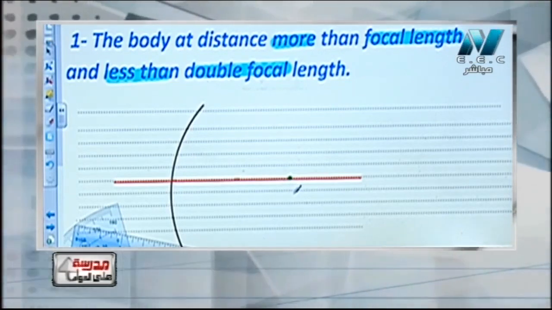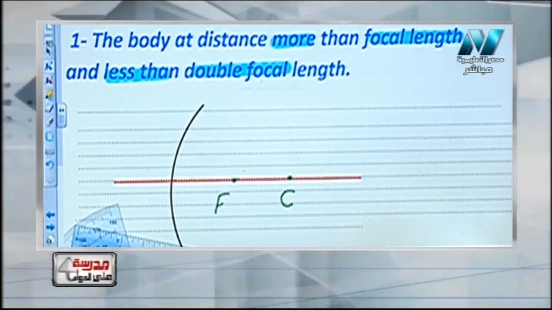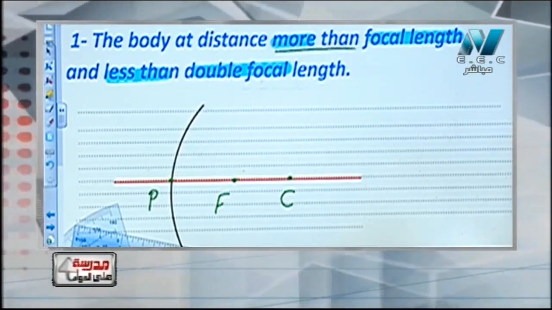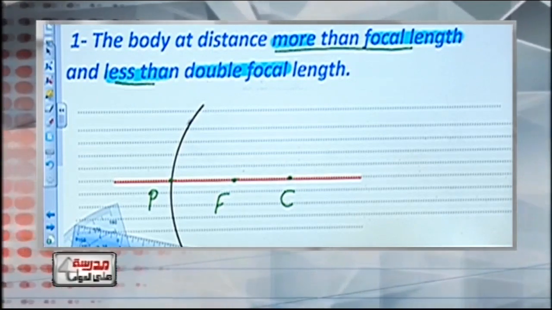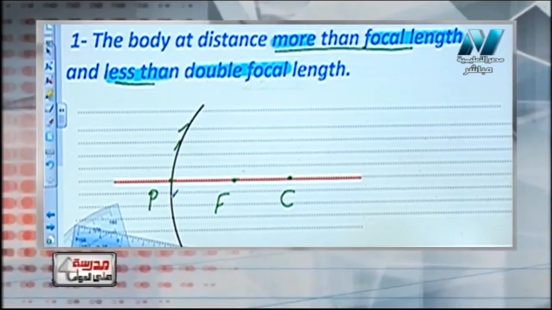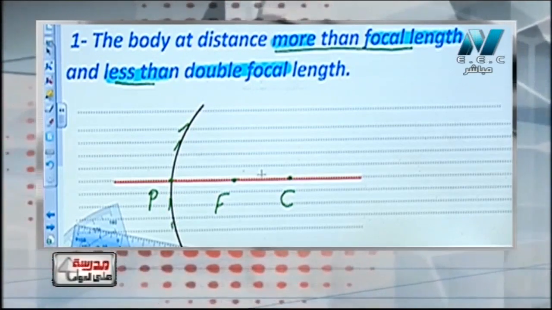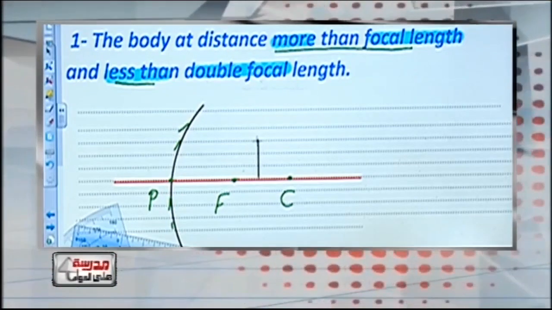Yes, we should use the ruler. So we have C, we have F, we have P. The object is at a distance more than the focal length but less than double the focal length. So the object is in which position here? The object is here between F and C.